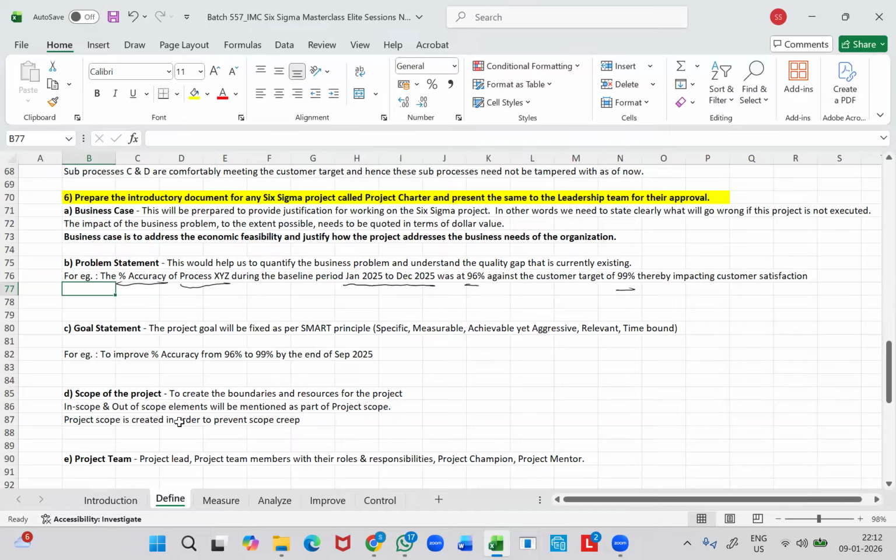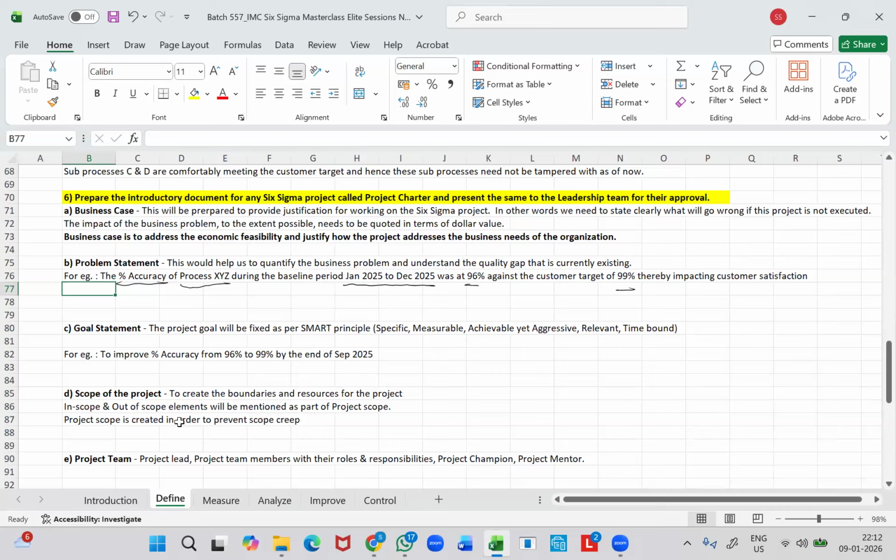You can even achieve this 96.2% without performing any significant improvement, right? During the due course of your process performance, you can easily achieve this 96.2%. So this is an achievable target, but is it an aggressive target? Definitely not, right? So in the textbook, A will be mentioned as achievable.